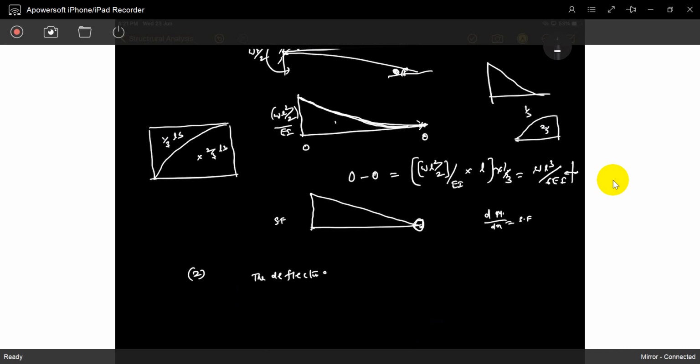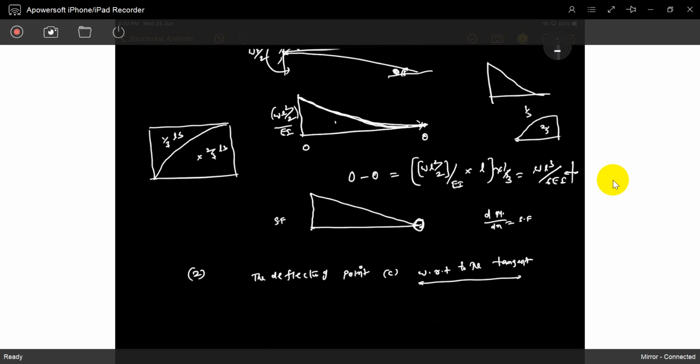the deflection of any point, the deflection of point C with respect to the tangent. Some professors, some lecturers miss this line, so that's why I want to explain once more.